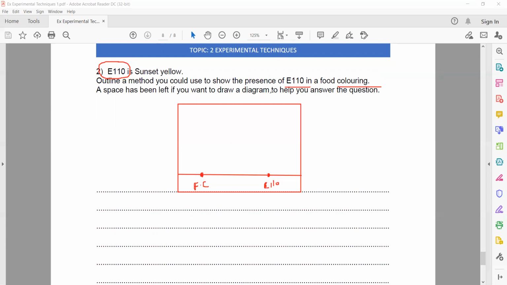We have to show the presence of E110 in a food coloring. The food coloring may have different spots, but one of the spots will match E110. If one of the spots matches E110, it means this food color contains E110.